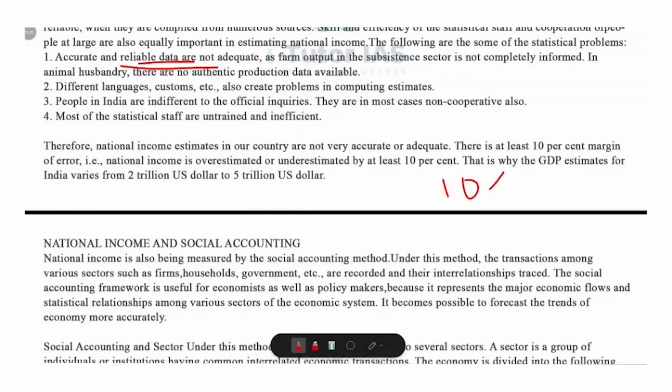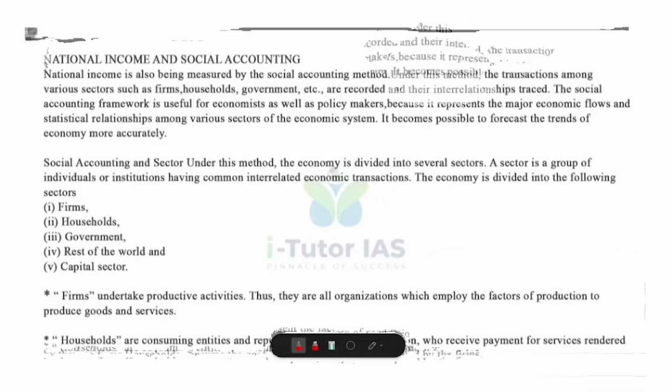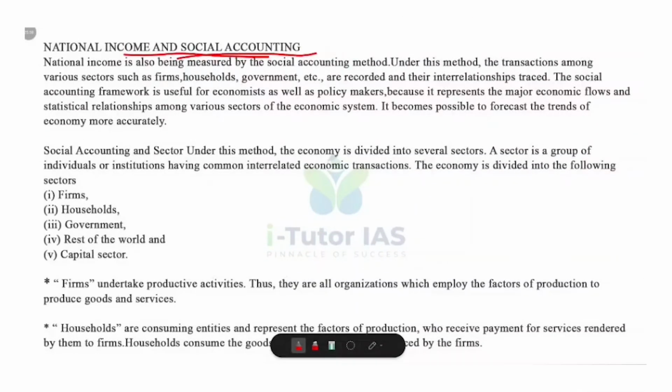That's why GDP estimates can vary widely, for example, between 2 trillion to $5 trillion. Okay, so in short, measuring national income in India is not perfectly accurate due to incomplete data, uncooperative respondents and human error.